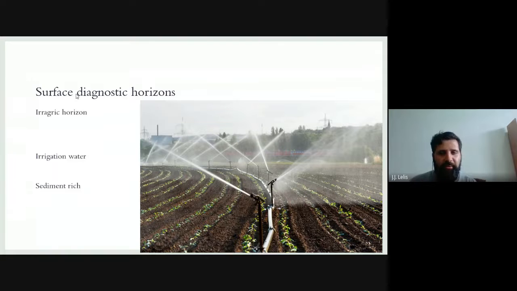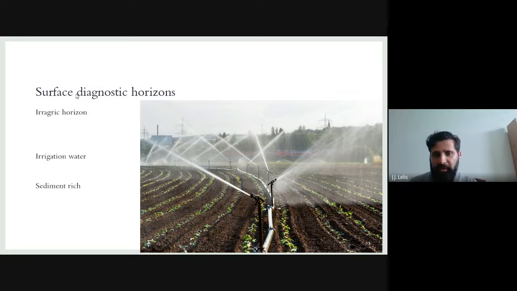So don't think that we have an initial incipient stage of evolution and all soils are formed from this position A to position B, and then position C and D. No, they can follow several ways and they can change their properties through time because soils are formed by the interaction of soil formation factors, and these factors could interact in a very high number of possibilities, so we can change the soil properties over a long time very easily.